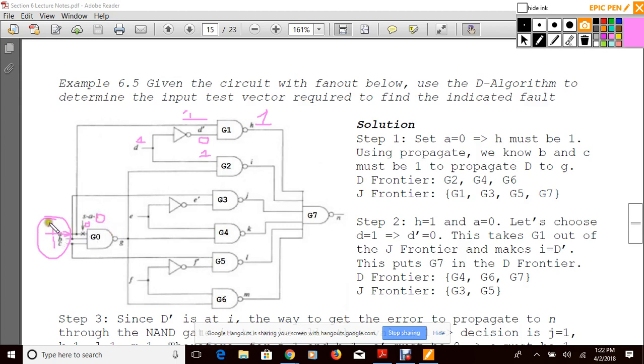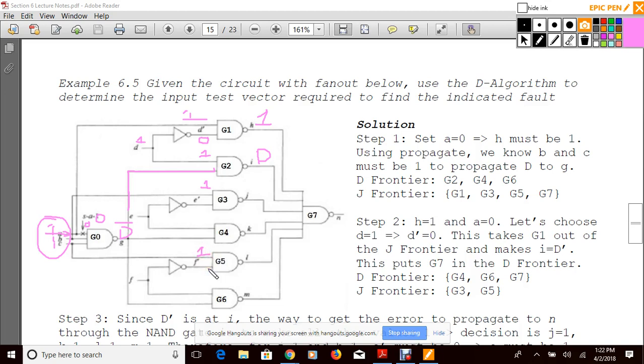So what I'm expecting, 1, 1, 1, I'm expecting 0, but I'm getting a 1. So I'm getting a D bar here. So I get D bar here, I get 1, that becomes D. Likewise, B comes here, I have to put 1 there. And C is put in G5.